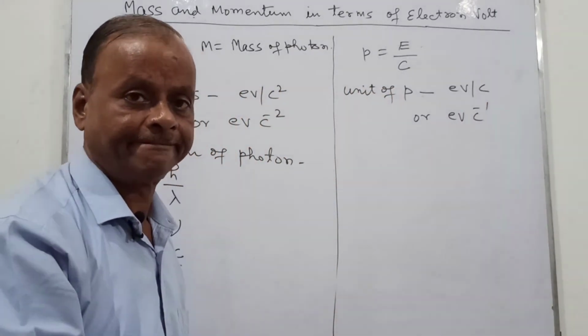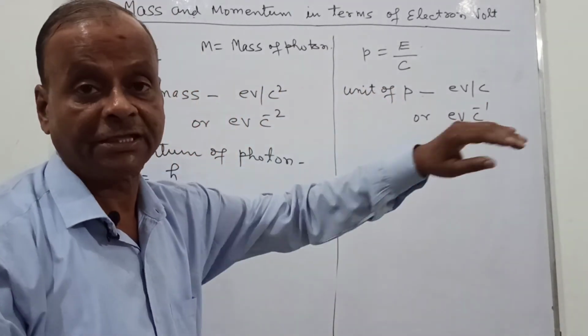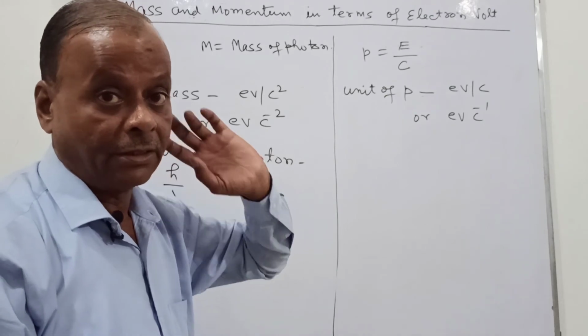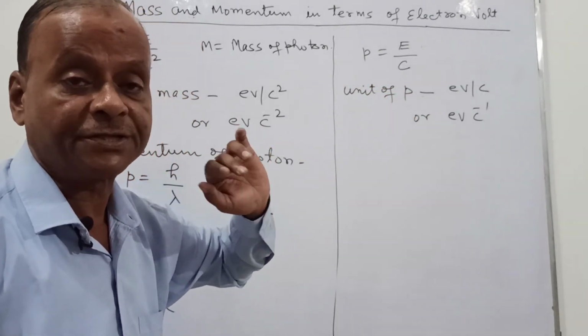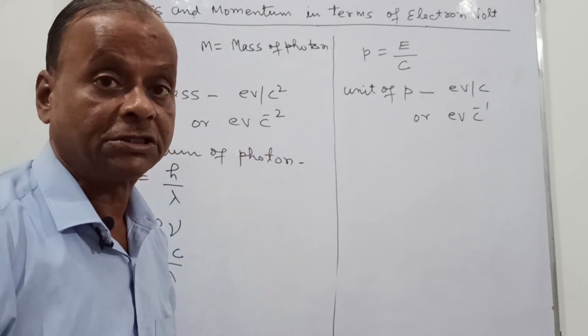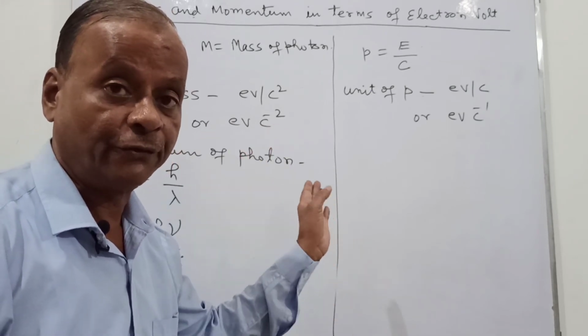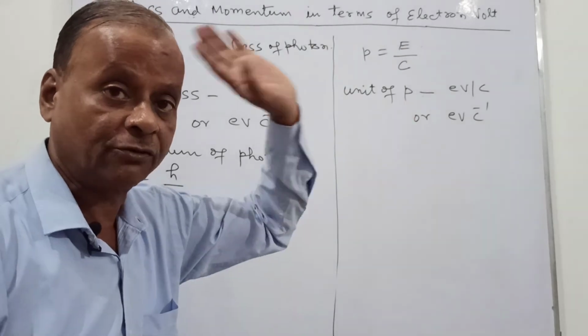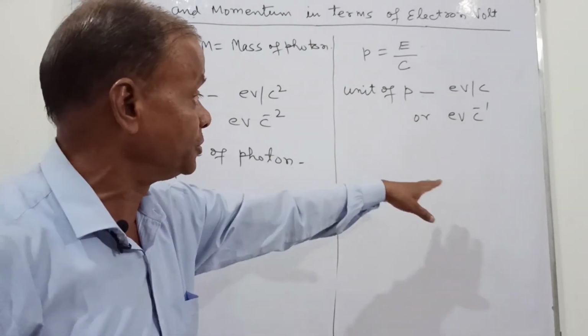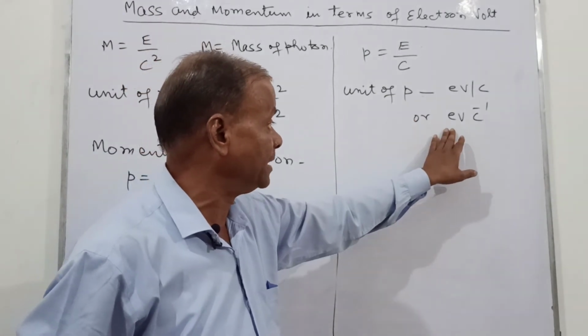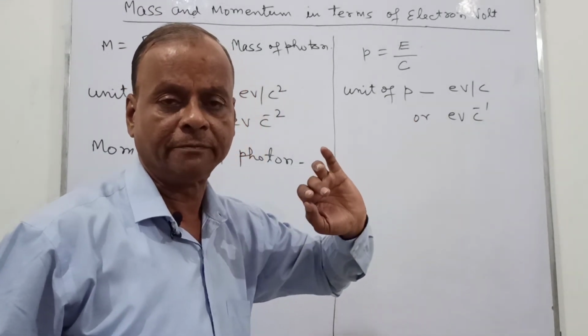So we can express this in this way. The momentum is expressed in kilogram meter per second in mechanics, but in case of photon, we express this in terms of the electron volt and the speed of light. So this is the unit of p, electron volt c minus 1.